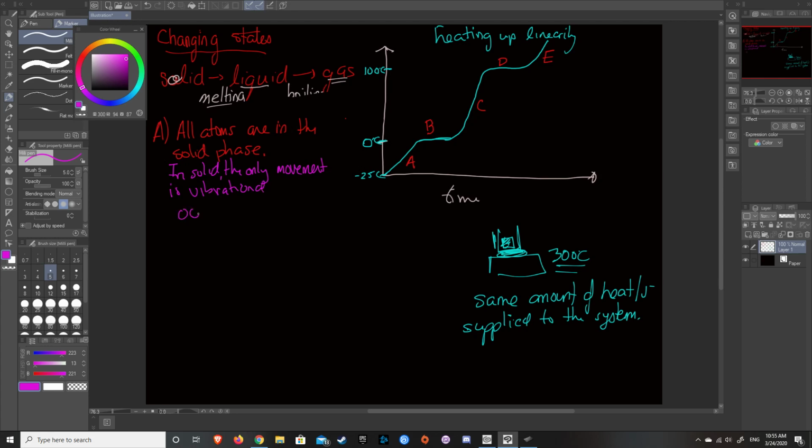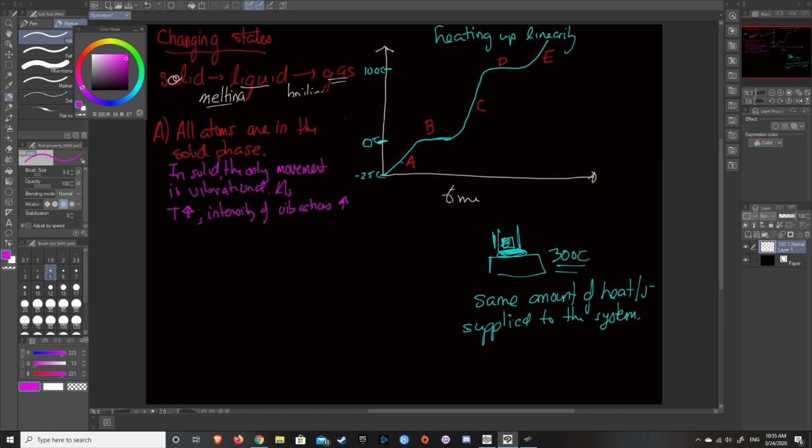So we've got them all in the solid phase next to one another, like this. And they're all just vibrating a little bit. So they're just vibrating left and forward and up and down, and they're bumping into their neighbors. So basically, as temperature increases, the intensity of the vibrations increases. So the vibrations are becoming more and more intense.